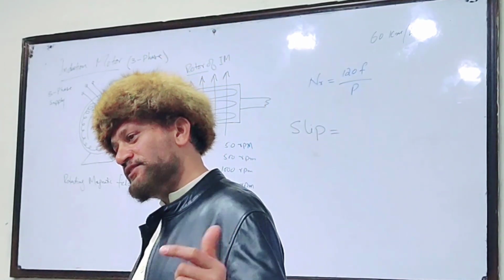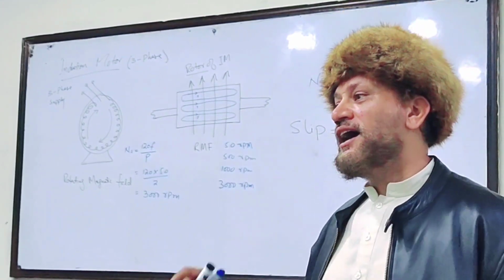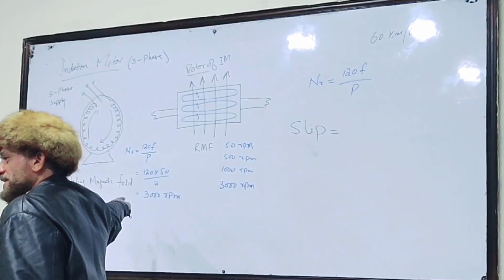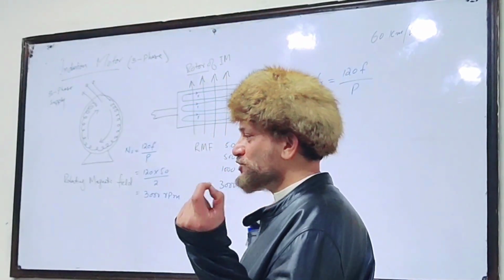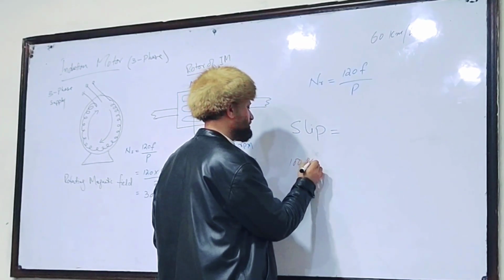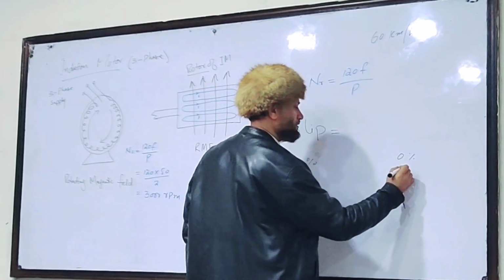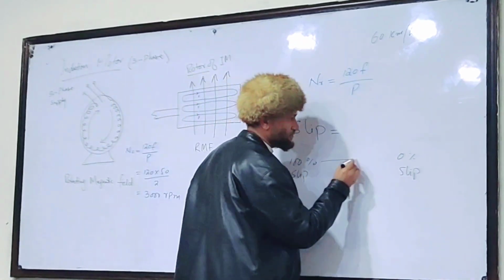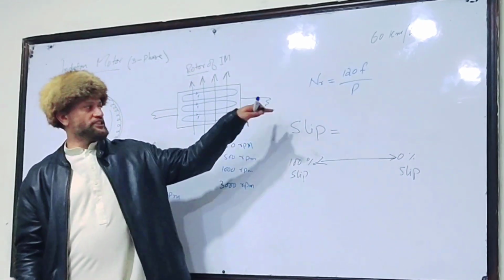Initially, when the rotor is at rest, slip is 100%. And when the rotor speed is equal to the rotating magnetic field speed, the slip is 0. So between these two points, 100% slip and 0% slip, there is a slip that depends upon the speed of the rotor.